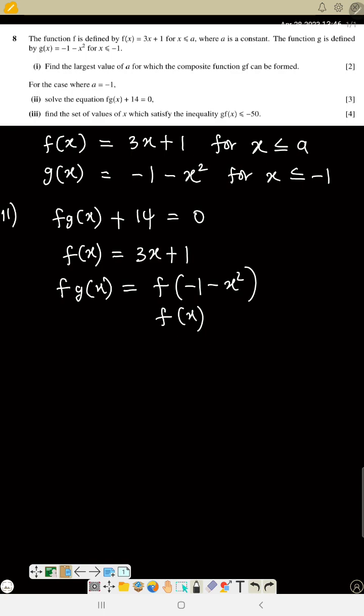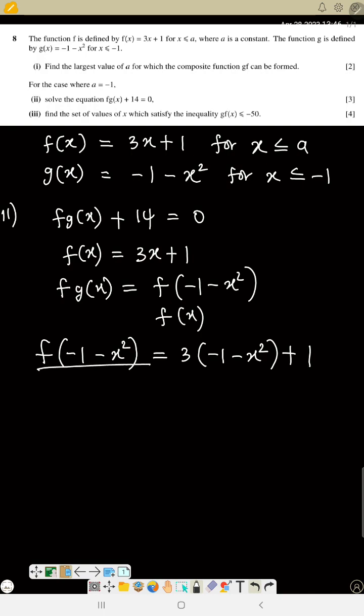So this will become f of minus 1 minus s squared is equal to 3 brackets minus 1 minus s squared, plus 1, because f of s is 3s plus 1.